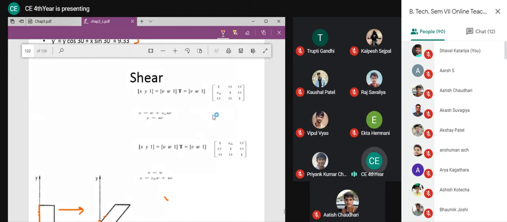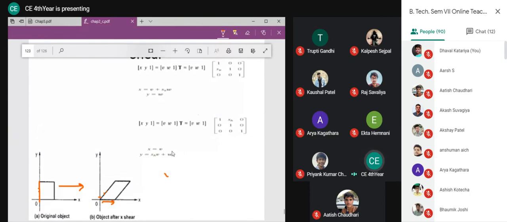Simply, if I want to shear in the y direction, then my x coordinate will remain as it is, but my y coordinate will vary with respect to my x coordinate, as my x coordinate varies. So for that the equation will be like this.